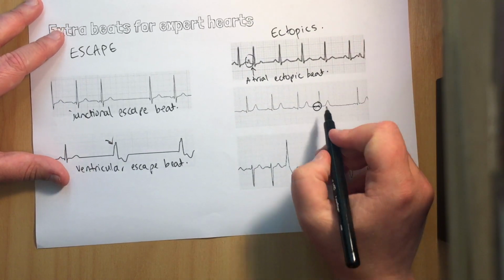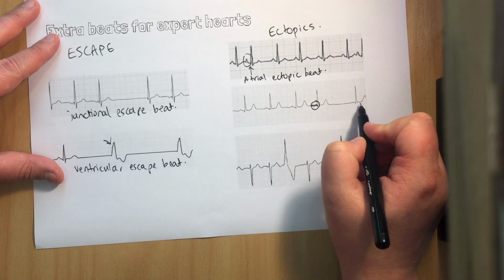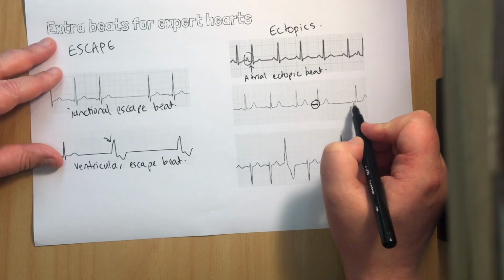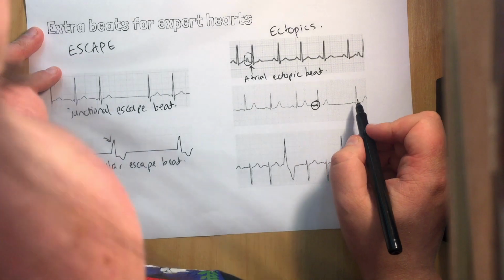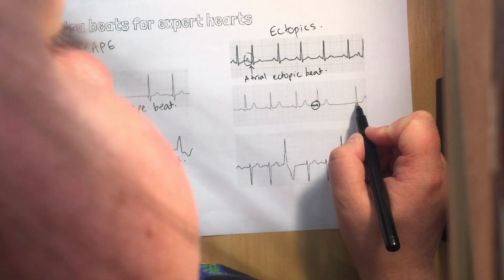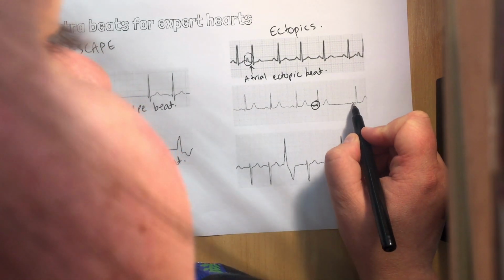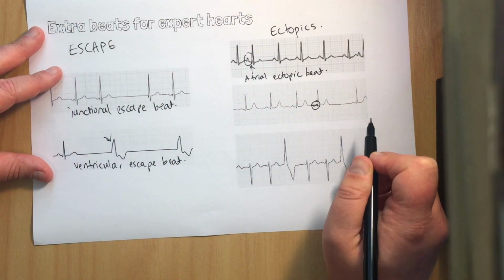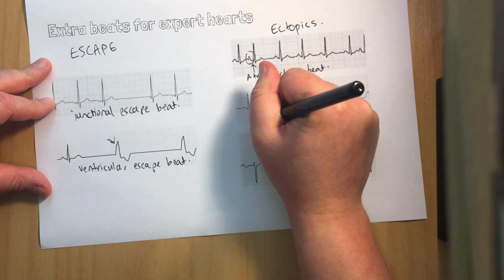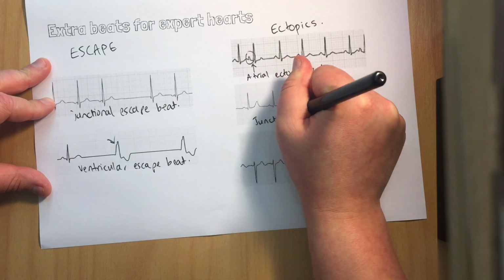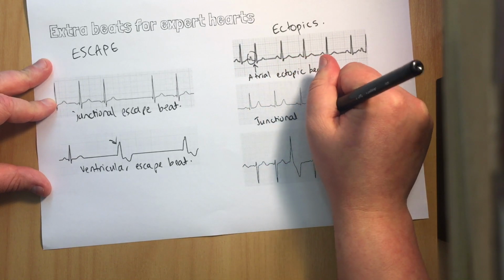And we've got a QRS complex, and then we've got a bit of a pause afterwards, and then we're having some kind of beat here. I'm not sure if I'm convinced about a P wave there, but at any rate, we're going to say that this was junctional ectopic.